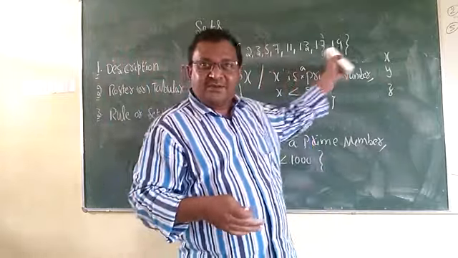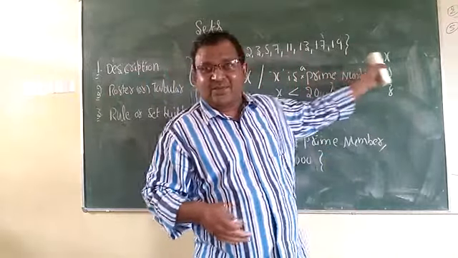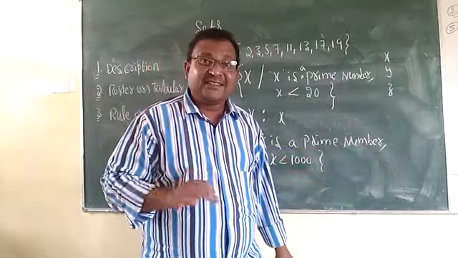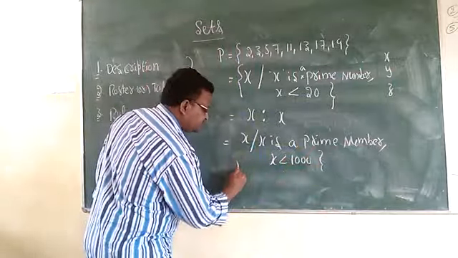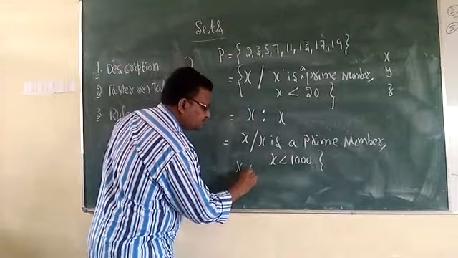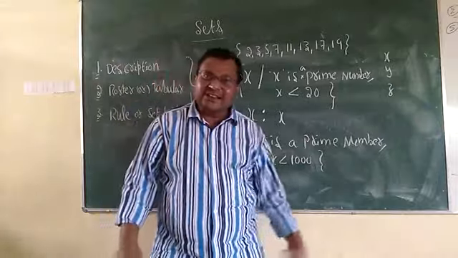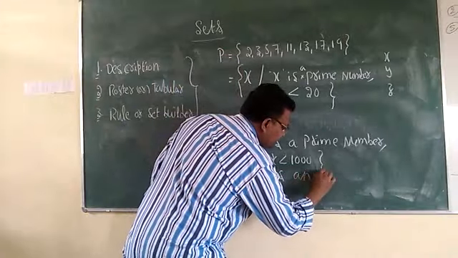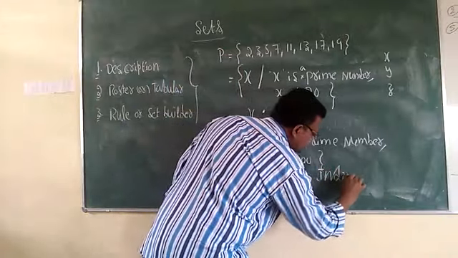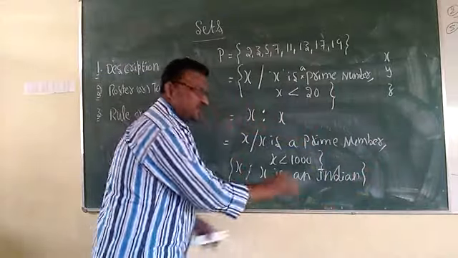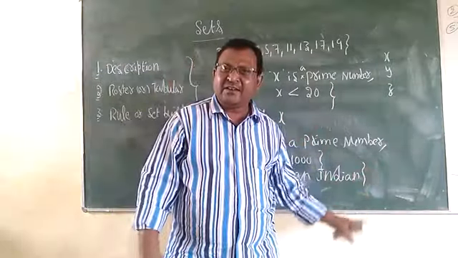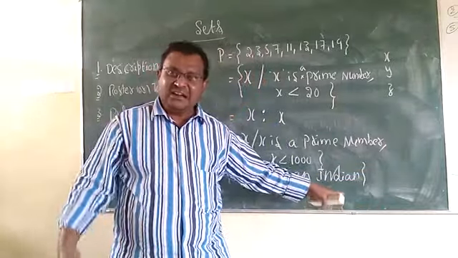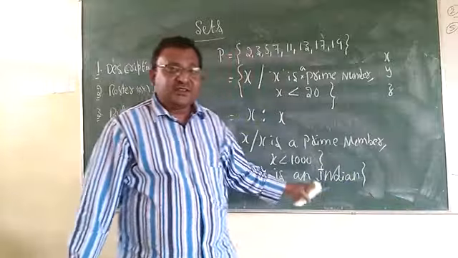To list out all of them is impossible, we cannot list them on the board. But by using set builder form, we can simply say x such that x is an Indian. Everybody, 130 crores of people, will come under this. Look how useful this set builder form is.